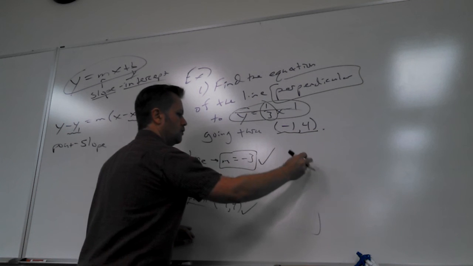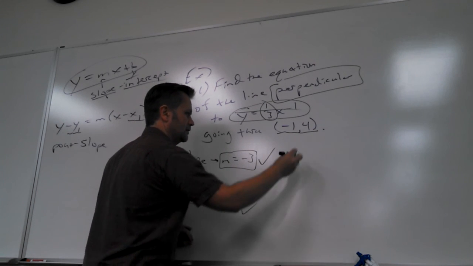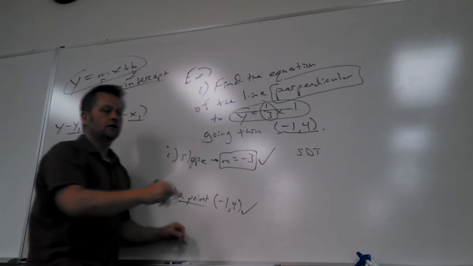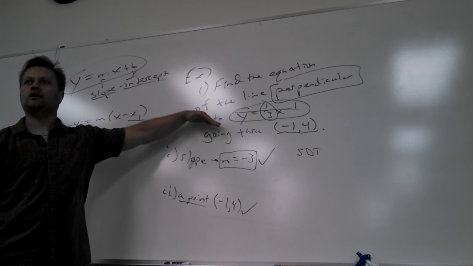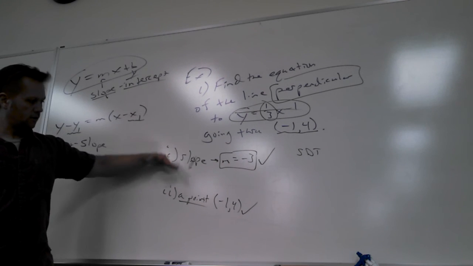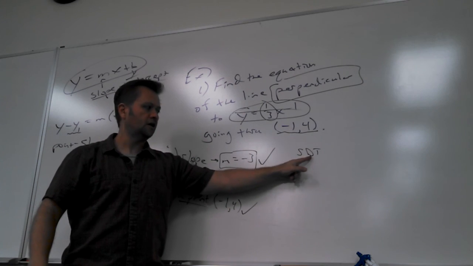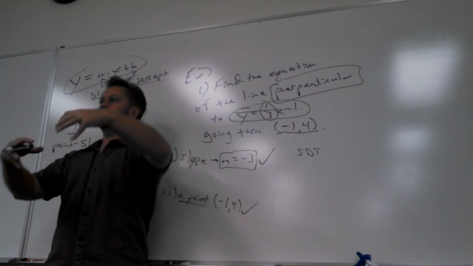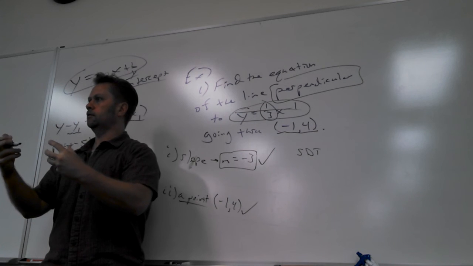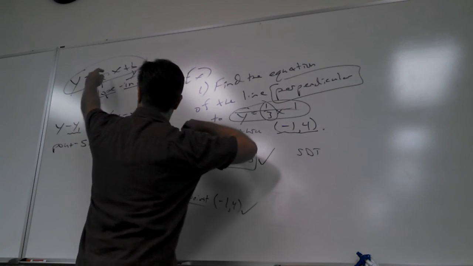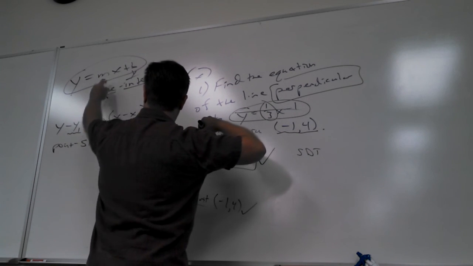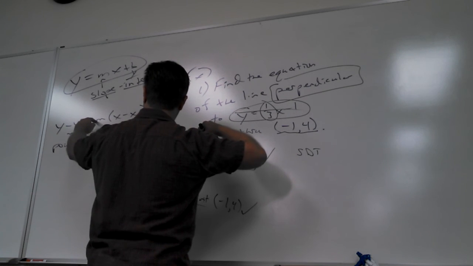All right, so now I call this the SDT level. So no matter what I tell you, once you get the slope and a point, you do the same damn thing. You plug in what you figured out. Right? So now, which equation can I use? I know some of you guys might know some of that, but I have to use this one, right?